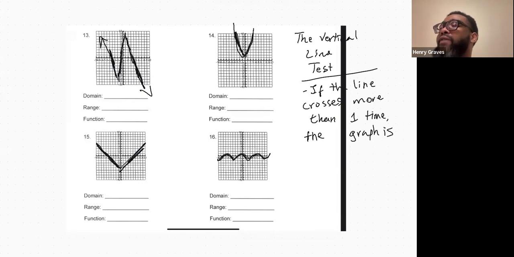Wait, sorry, don't. If it crosses one time, it is a function. What the heck is wrong with me? I'm going to just remove this. Yeah, if it crosses one time, it is a function.